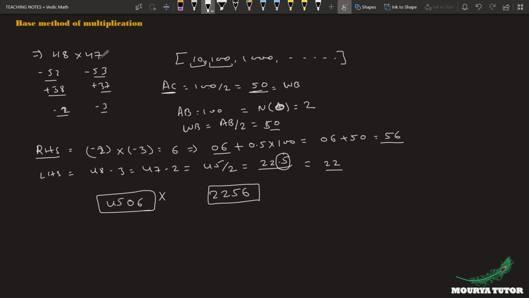So what we did, if you are finding that the base power of 10 makes the multiplication difficult, then we need to derive one working base from the actual base. Then we need to take the differences and we will find out the RHS and LHS.